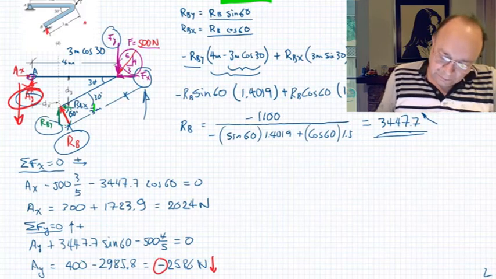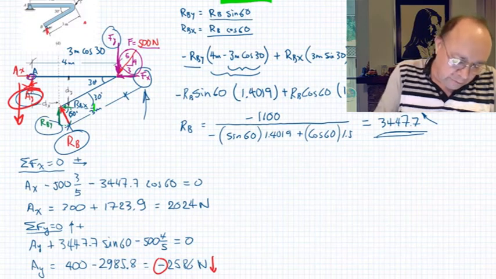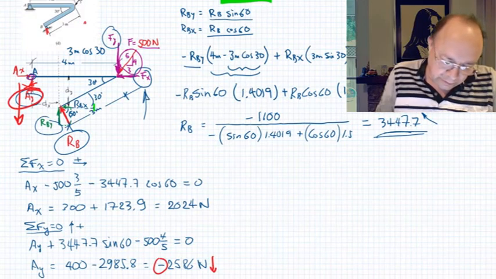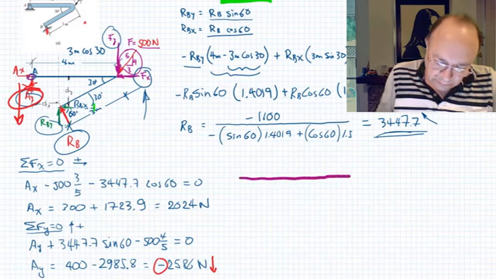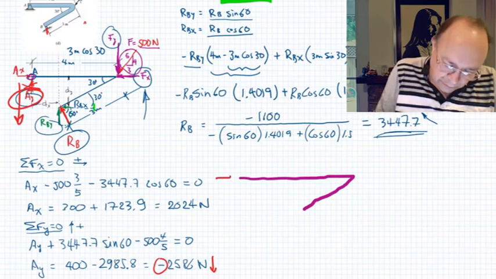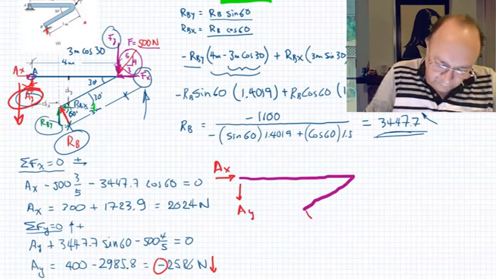So the result, let's put here our final answer. Let's do a little drawing here of our structure, something like this, with a force Ax, a force Ay, and a force RB, and our 500 force here.